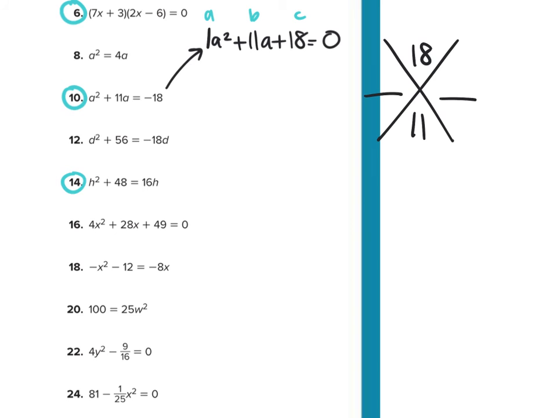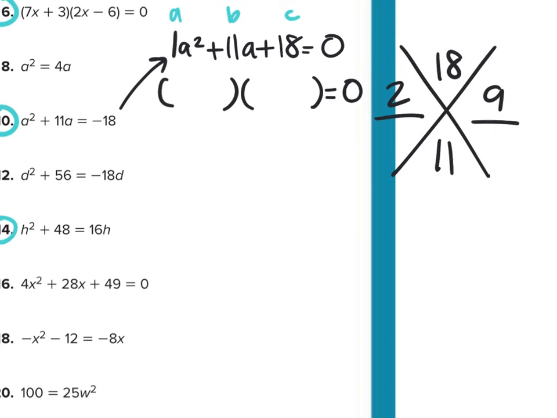Okay, two numbers that multiply to get 18, but add to 11. What do you think? Positive, so try 2. Start with 2. What's 18 divided by 2? 9, okay. Do 9 and 2 add to 11? Yes, so those are your two numbers, so split your parentheses.